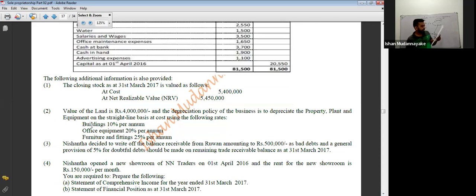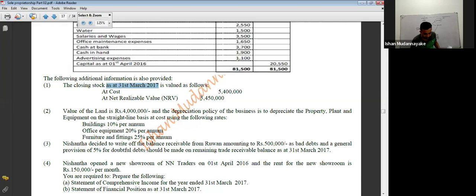The closing stock as of 31st March is valued as follows: cost 5,400, net realizable value 5,450.